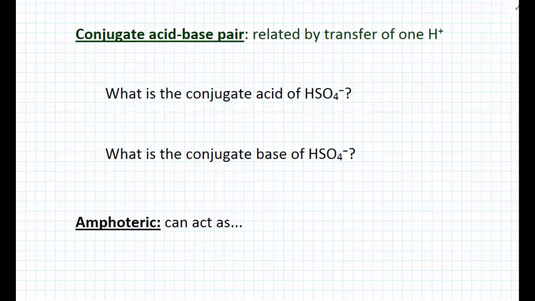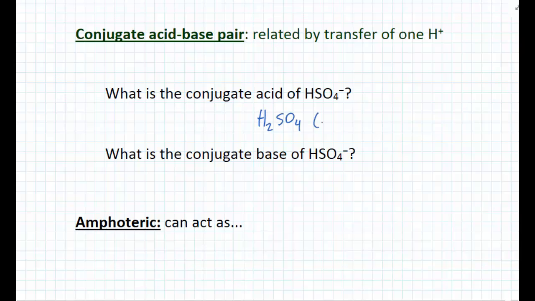We would have to add one in order to make an acid, right? Once we have that acid, it would be able to give away that H that it just got. So let's write this. The conjugate acid of HSO4 minus is H2SO4 with no charge, right?